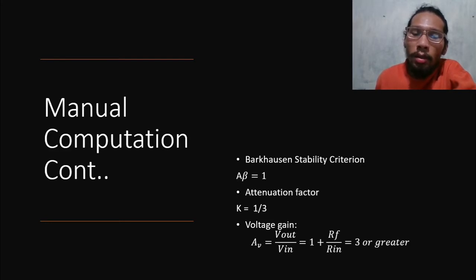Since my oscillator is a Wien bridge oscillator with a non-inverting op-amp, I use the formula for non-inverting op-amp gain, 1 plus RF over R in, and that should be equal to 3 or greater.